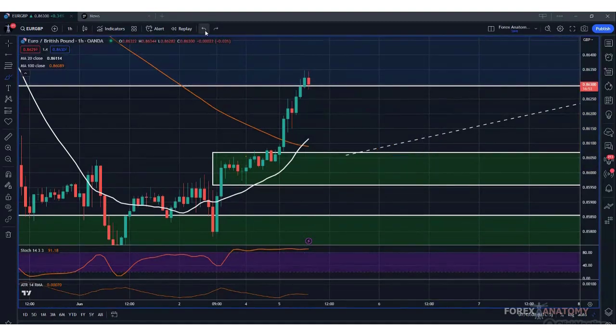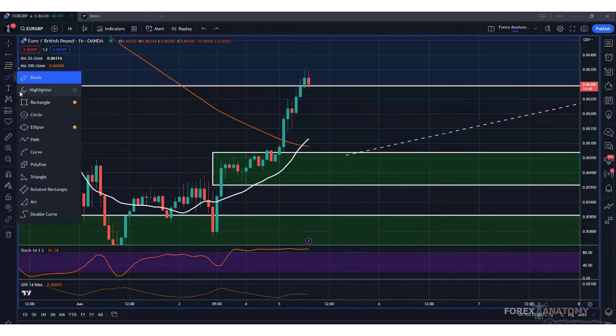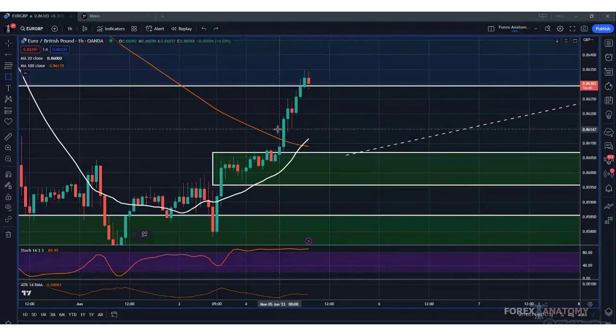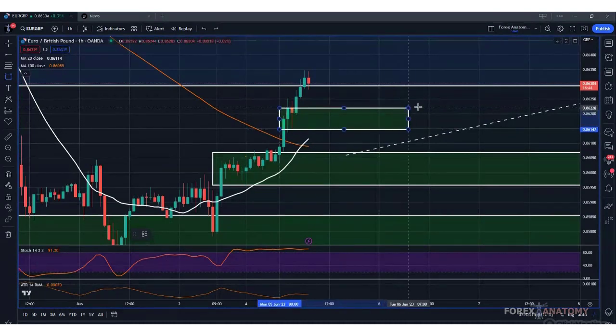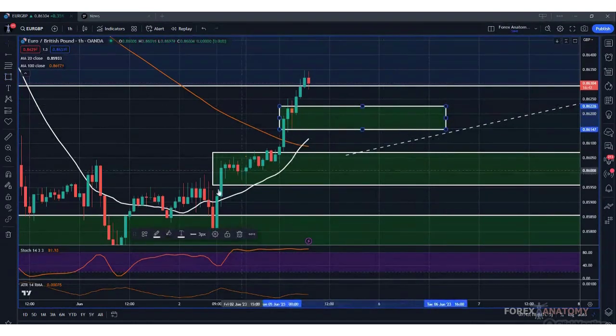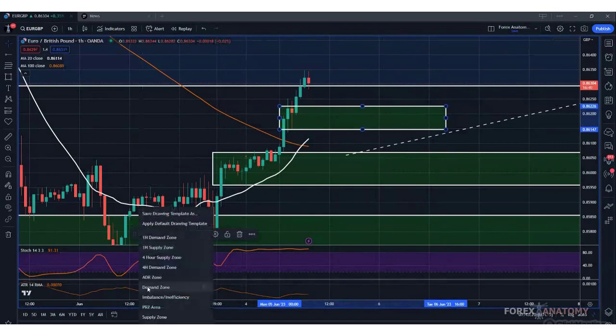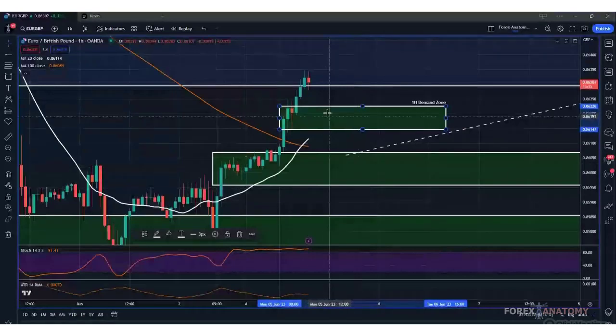But yeah, if I was to trade this right now, how would I approach this? Well, you have 1 hour demand right here. And even though I'm expecting price to test this zone right here, I could still look for opportunities to buy right here.